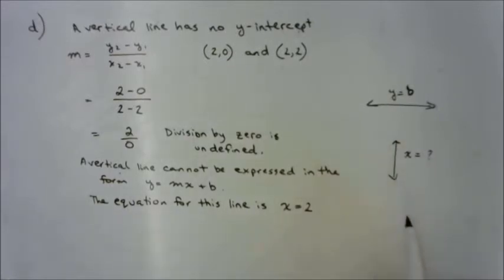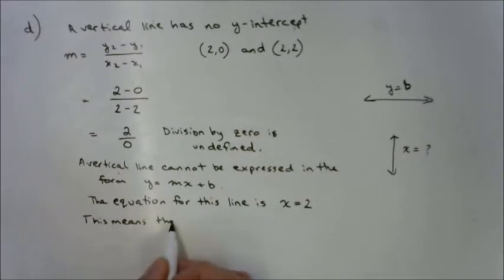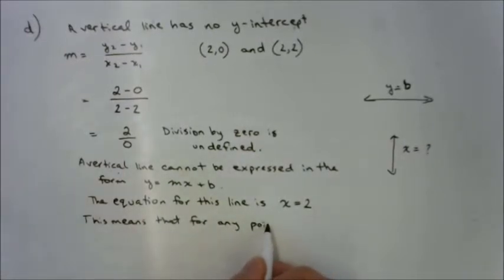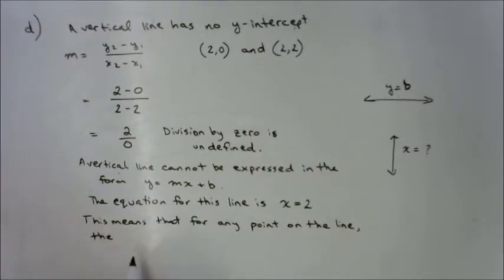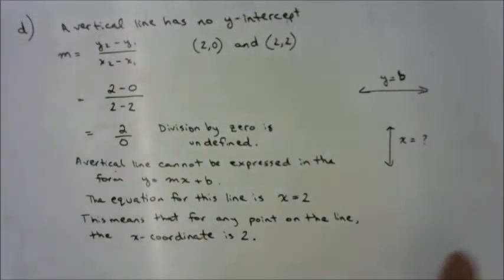That's every point on this line. One more little note on the bottom there. This means that for any point on the line, the x coordinate is 2. No matter what the y coordinate is, the x coordinate will be 2.